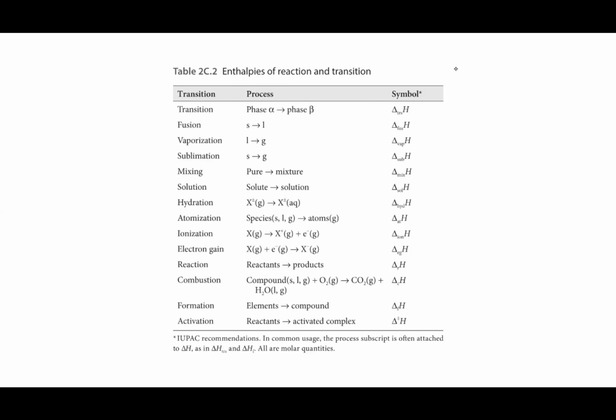Now we've seen this before. We have enthalpies of reactions and transitions for many different things. In Gen Chem, we used fusion, vaporization, and sublimation. We use H of the reaction.